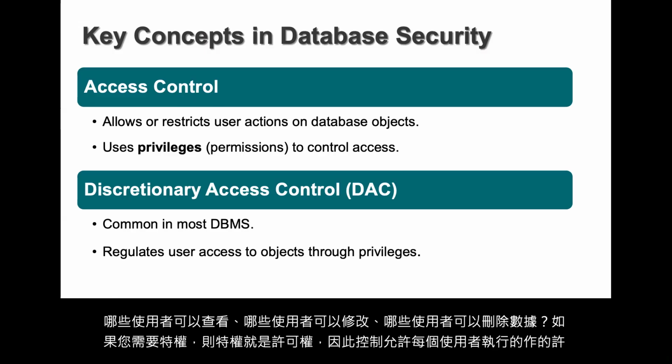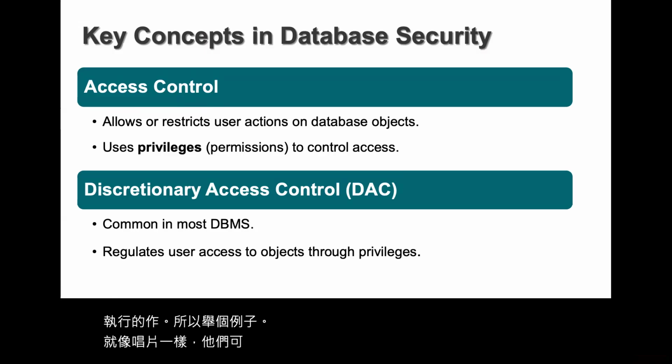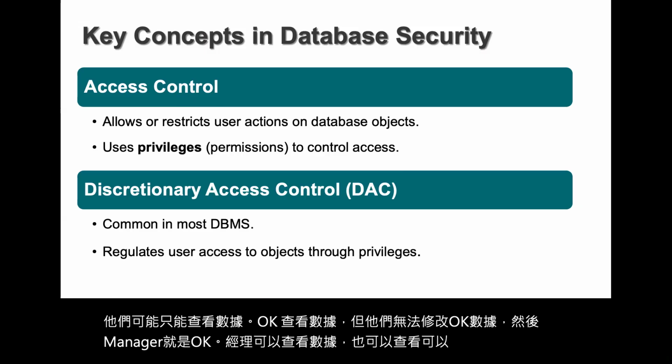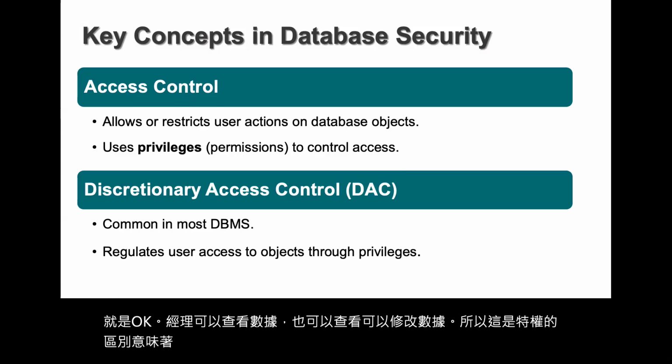For example, for a report, some users might only be able to view data but cannot modify it, and then managers can view the data and also modify the data. This is the difference of privilege, meaning permission or access control.